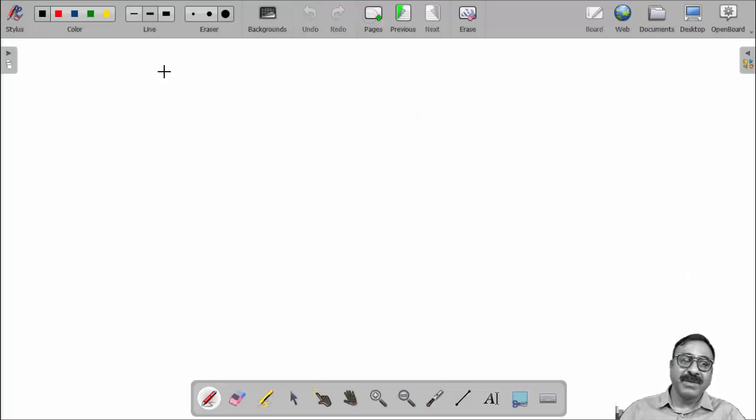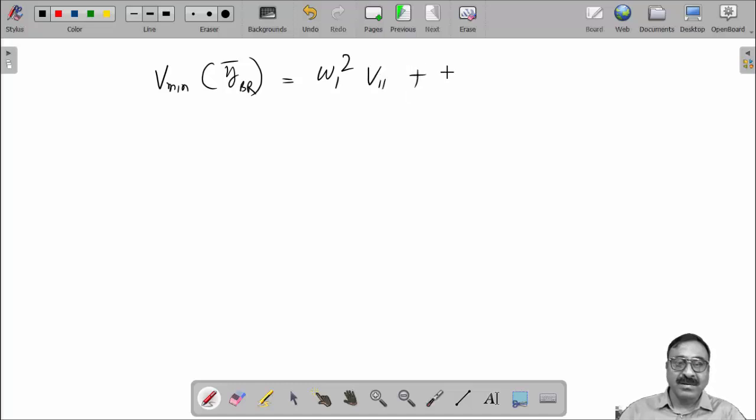So the minimum variance of the bivariate ratio estimator is given by W1 square V11 plus W2 square V22 plus 2 W1 W2 V12. We put the values of W1 and W2 here.